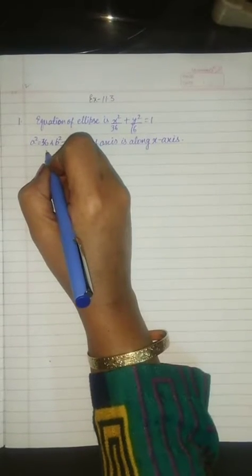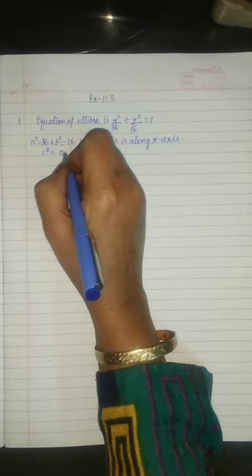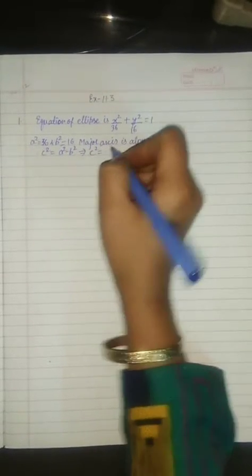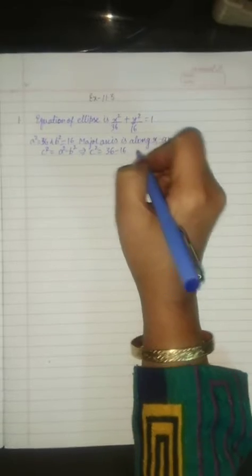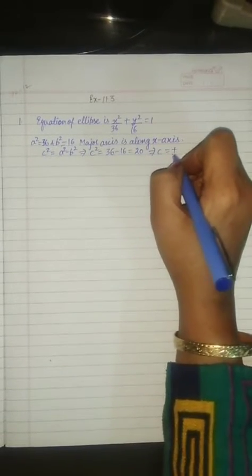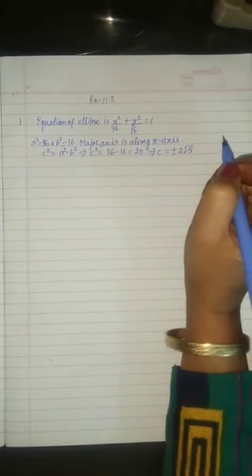Then c square is equal to a square minus b square. So c square is equal to 36 minus 16, that is 20. So c is plus minus 2 under root 5.